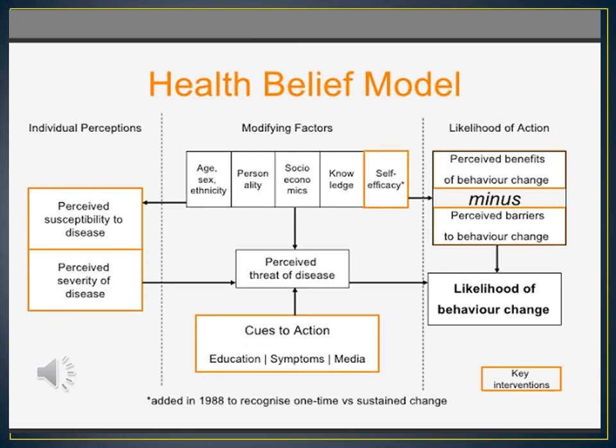From this, the likelihood of action is the perceived benefit of behavioral change minus the perceived barriers to behavioral change. So the likelihood of behavioral change can happen due to the perceived benefit minus the perceived barriers, as well as the perceived threat of disease and cues to action.